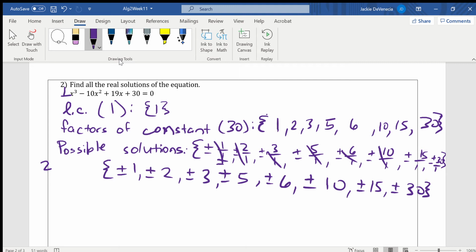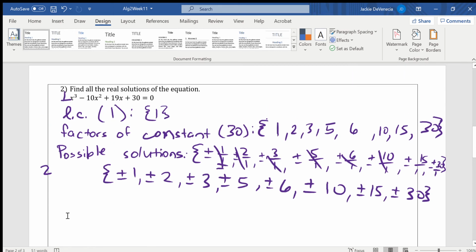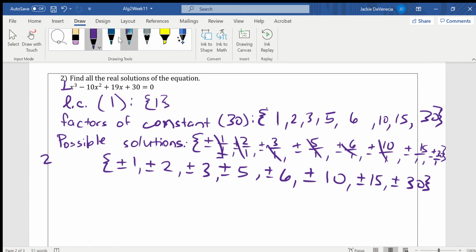Now I need to go ahead and test them. So I'm going to start off with a positive 1, then I'll try out the negative numbers. The way I'm going to test this is by using synthetic division.